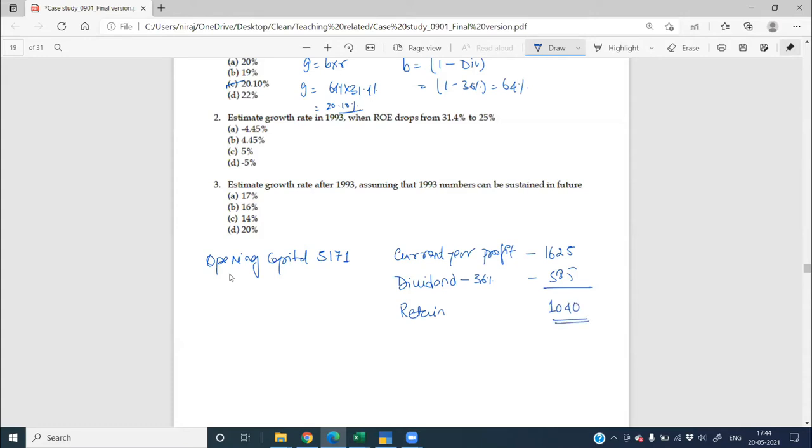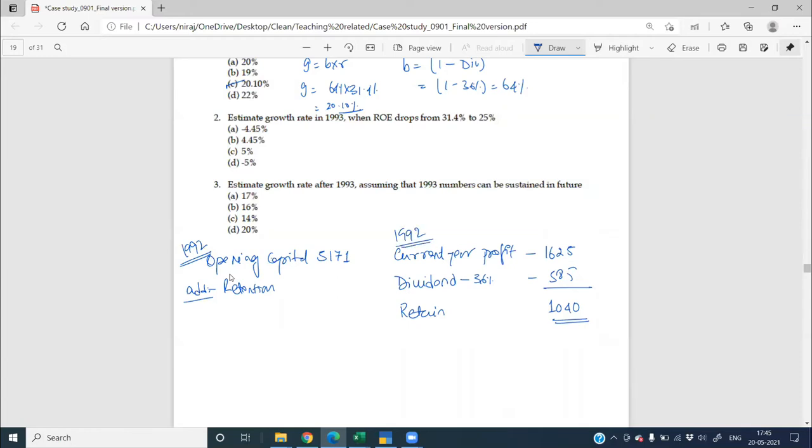Logically, this retention will get added back to the opening capital and it will become the closing capital. So this was the 1992 capital, and now this 1040, the retained profit of 1992, adds to it. That gives 6211.